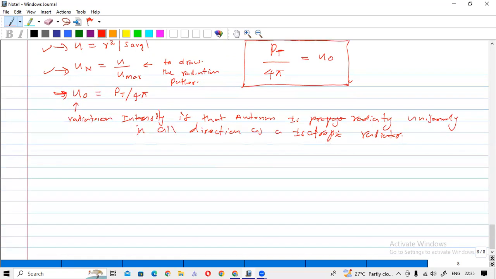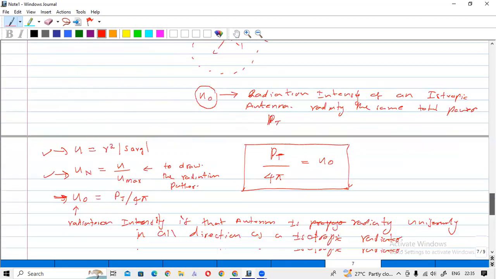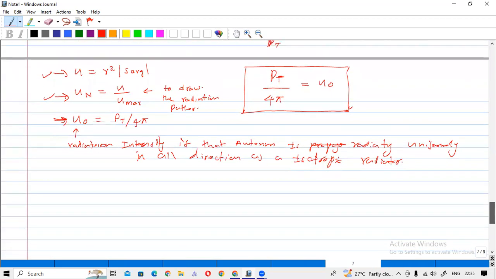Now there is another term, that is called directivity. You can see that in the case of an infinitely small dipole, this U is depending on theta.